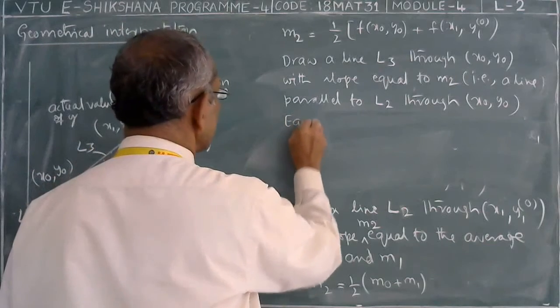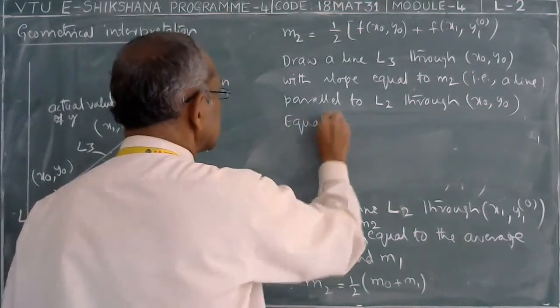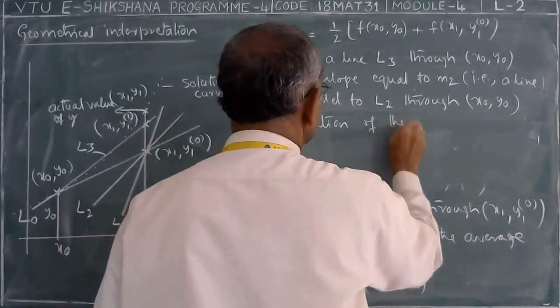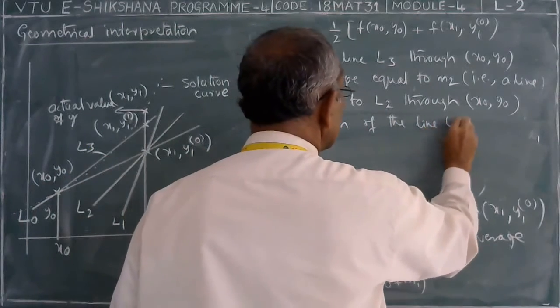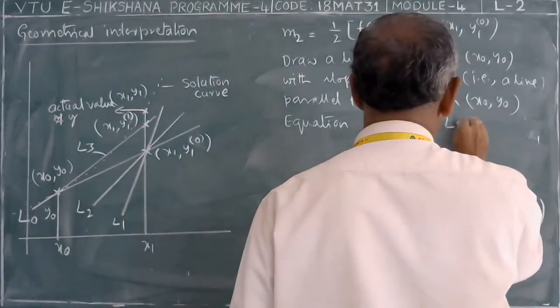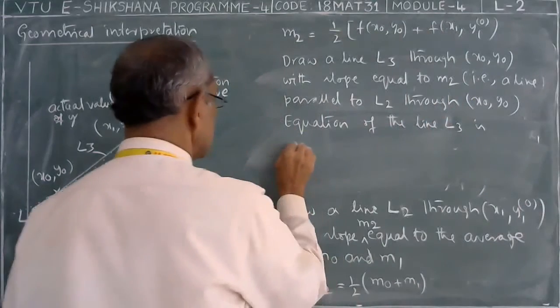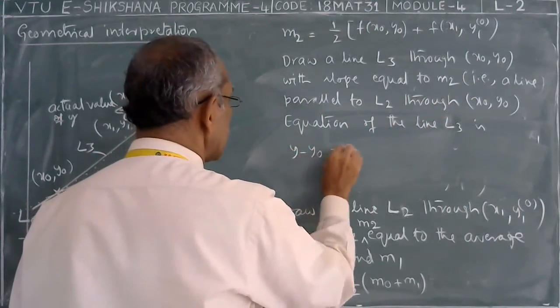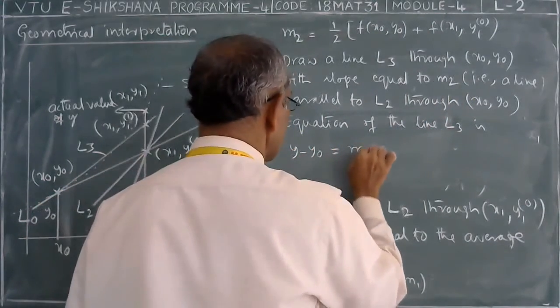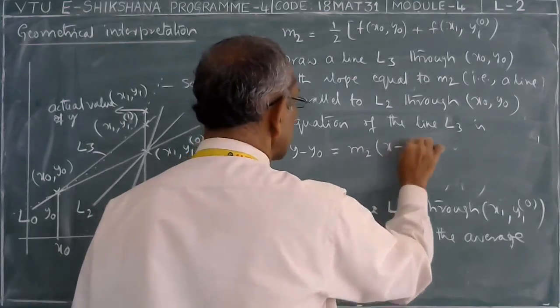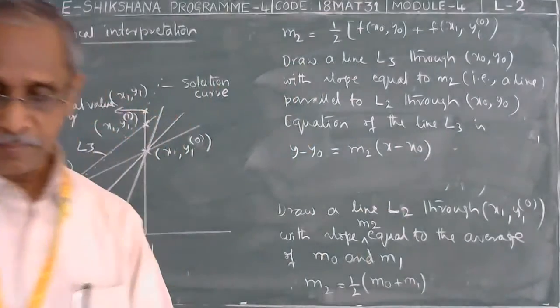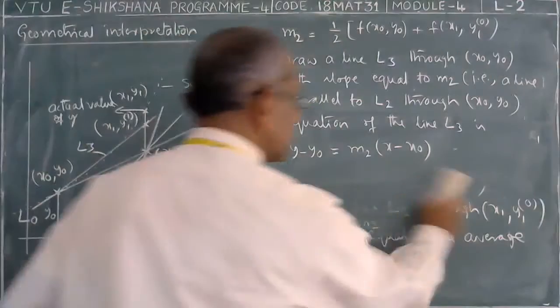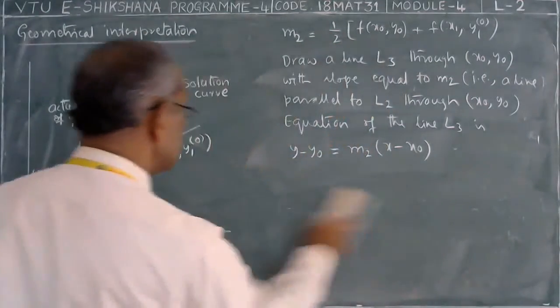Equation of the line L3 is y minus y0 is equal to m2 into x minus x0.